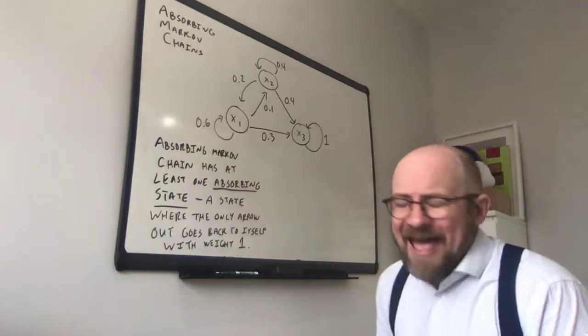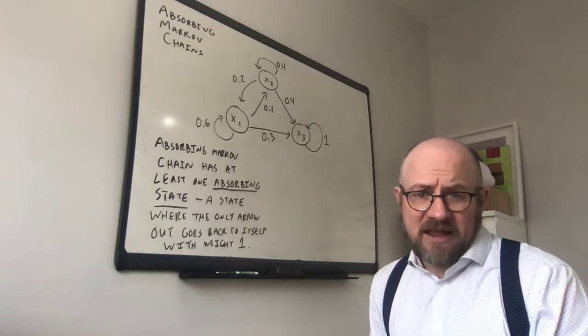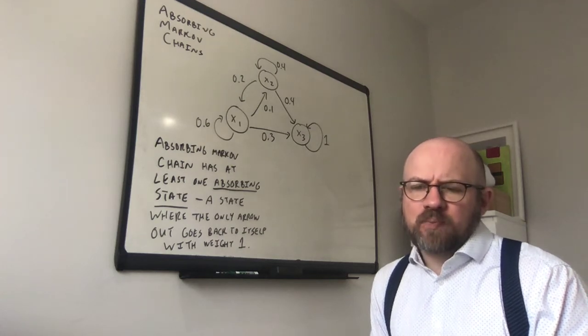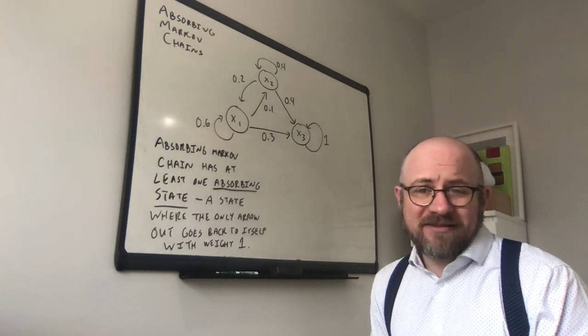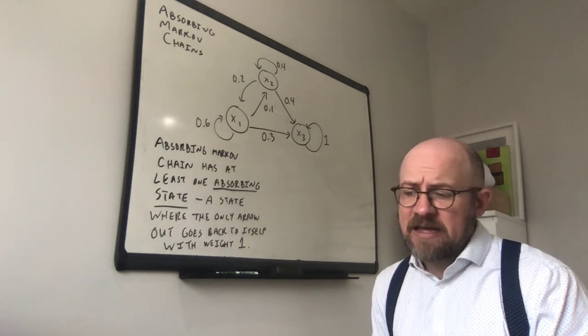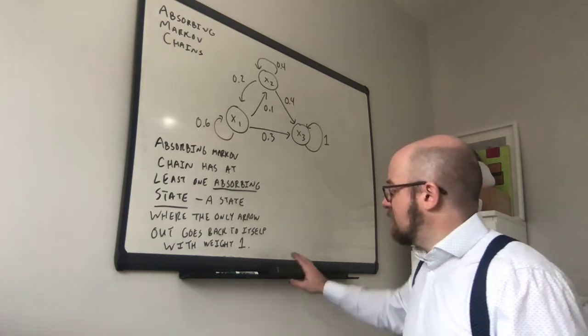And so all of our values are going to end up in x sub 3. That's why it's called an absorbing state. It absorbs everything. Eventually your steady state is going to be 100% of the values in x sub 3.